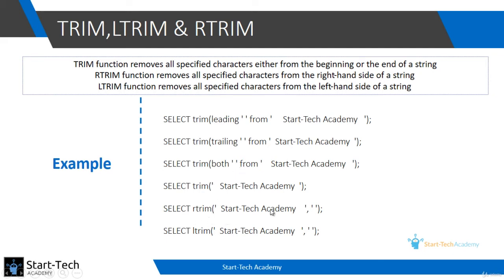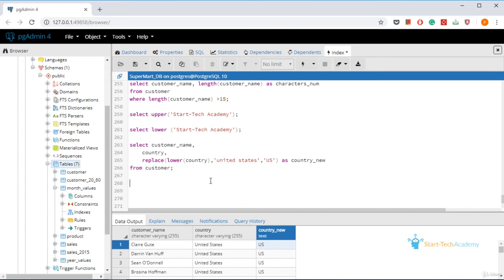For Rtrim, when we write this, it will remove spaces from the end. Ltrim will remove spaces from the left end. So let us go and write all of these. We will first trim the leading. So it will be leading. Then we'll mention the space character within single quotes.